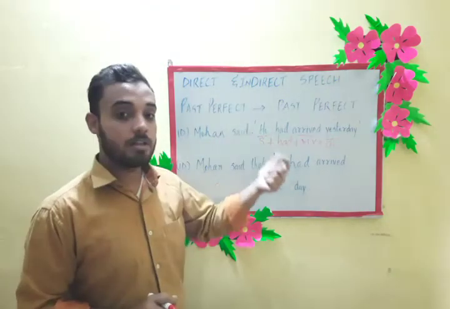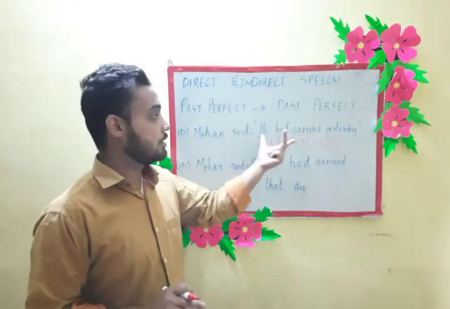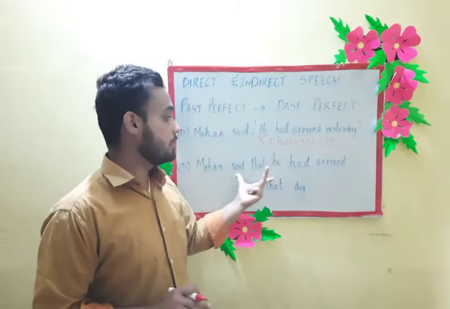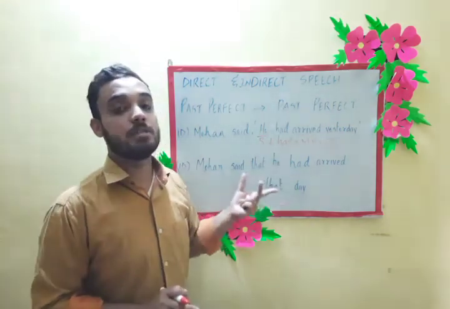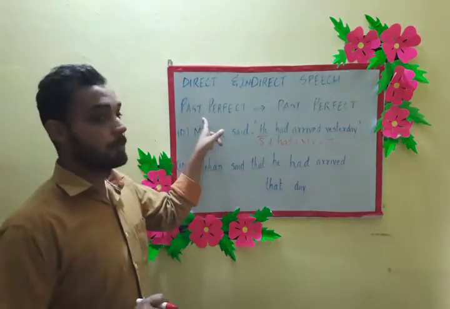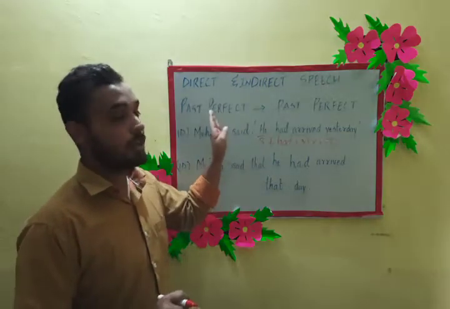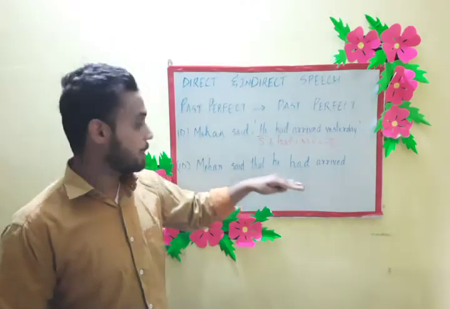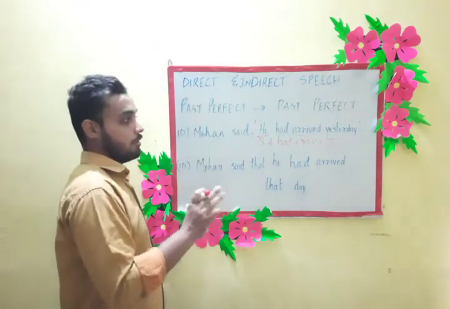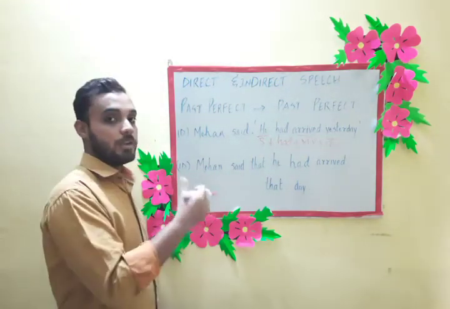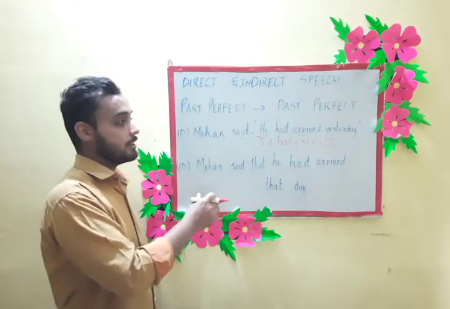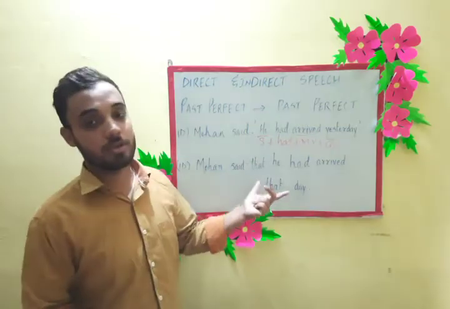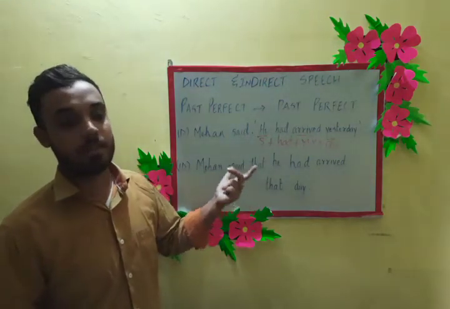While writing indirect speech, the same speech will be changed to indirect speech, but the tense remains the same. With past perfect we make no changes. Past perfect remains past perfect in indirect speech also. Now we know what to do while writing indirect speech: we take it out of the quotation marks and join the sentence using the conjunction "that."